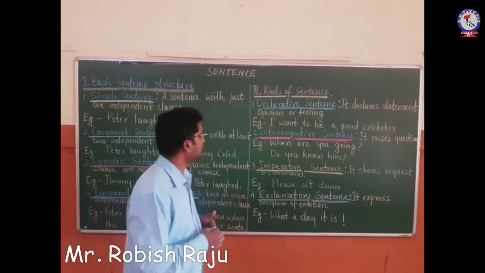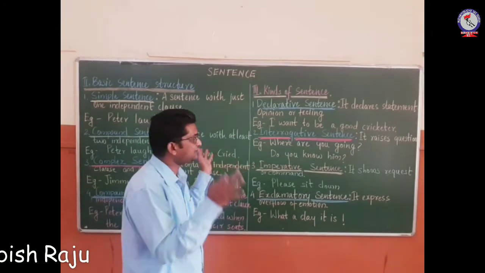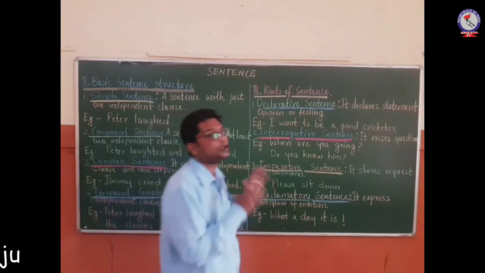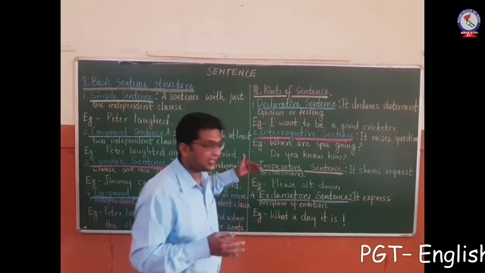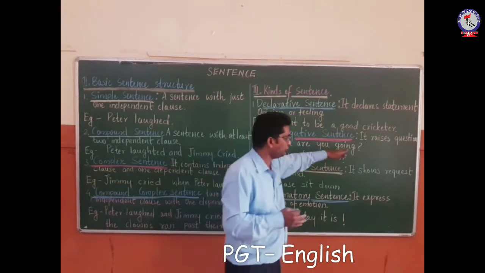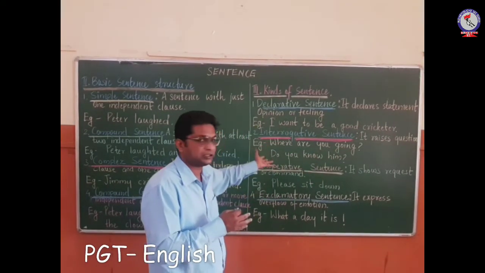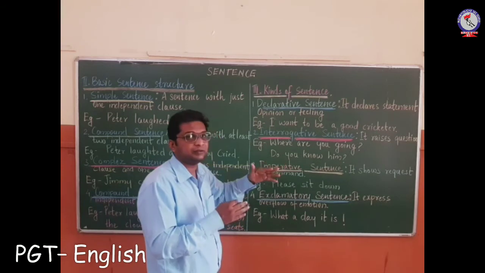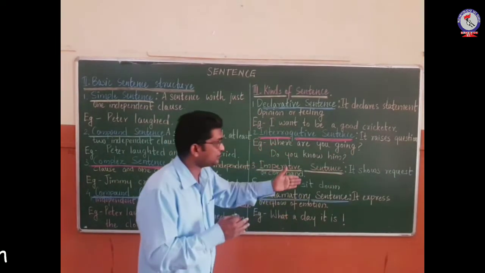Second comes the interrogative sentence. Now, this type of sentence asks questions. It raises questions. See example. Where are you going? Now this type of interrogative sentence will have a question mark at the end because it raises a question.